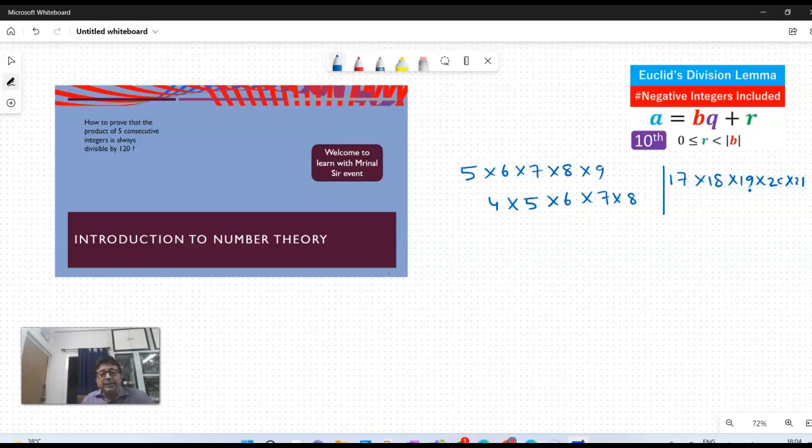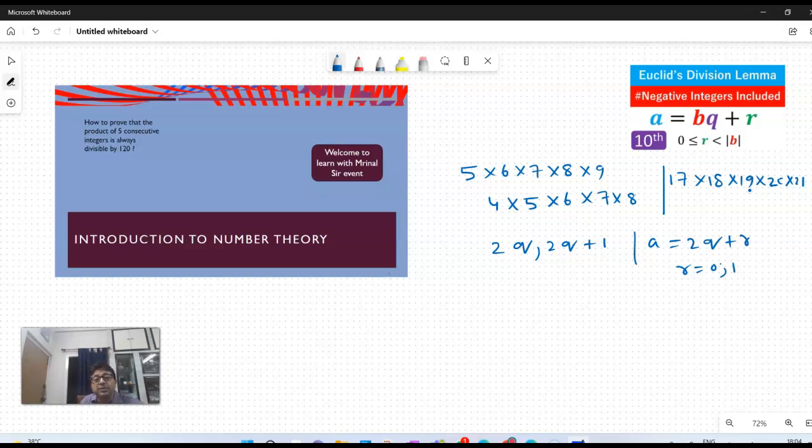You know, integers can always be expressed in the form 2q or 2q plus 1 when you consider divisibility by 2. Why? Because if you consider divisibility by 2, a will be equal to 2q plus r, where r may be equal to 0 or 1, because r is greater than or equal to 0 and less than 2, so two forms are possible.